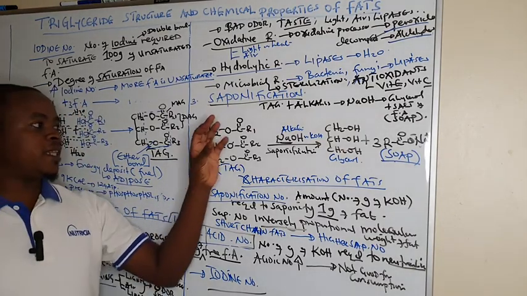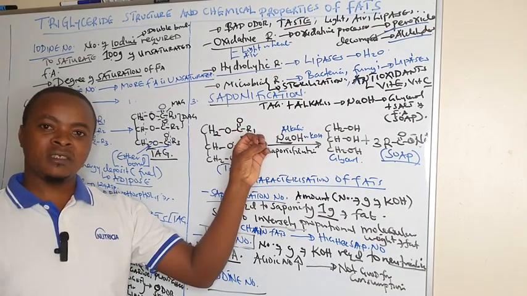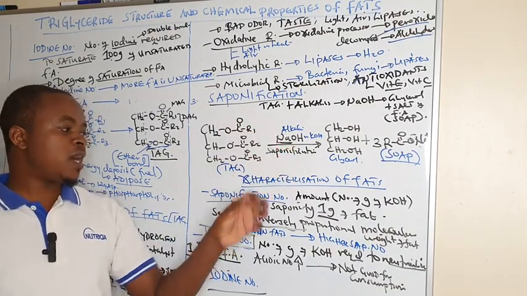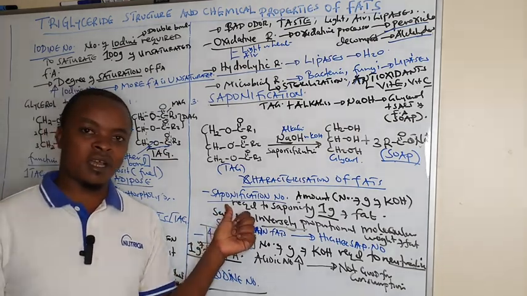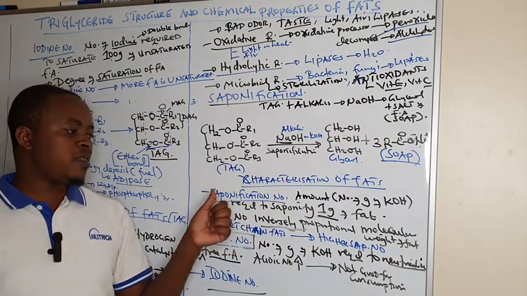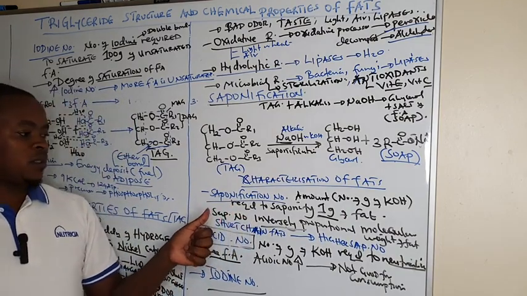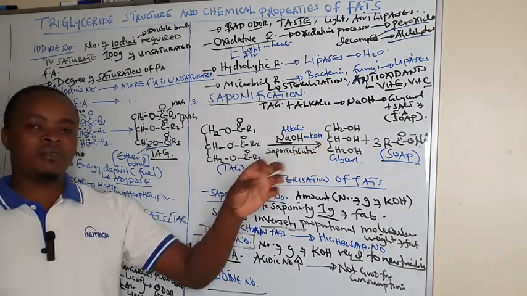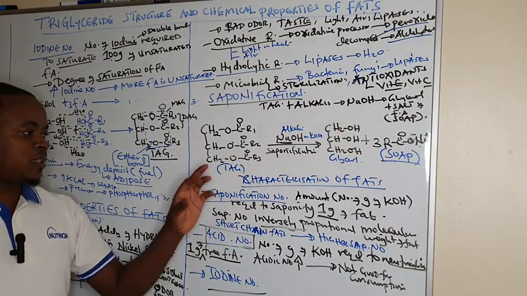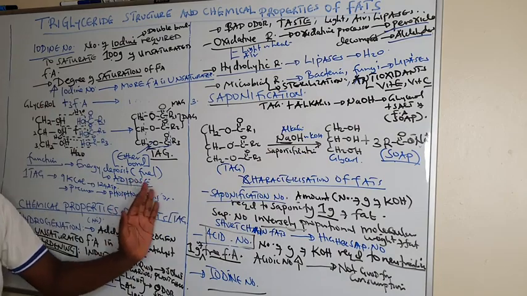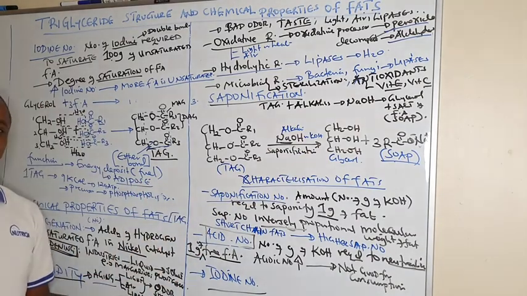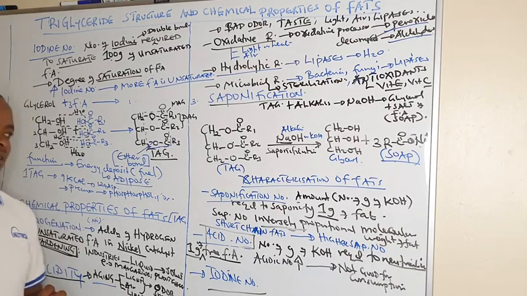And we have seen we can determine the ability of the fat to be saponifiable by determining saponification number, whereby the higher the saponification number, the fat can form soap. Then we have looked at characterization, whereby you have looked at saponification number, acid number, and iodine number.